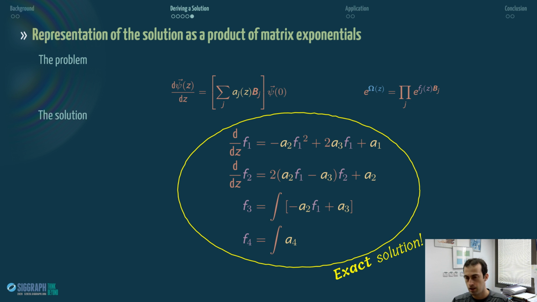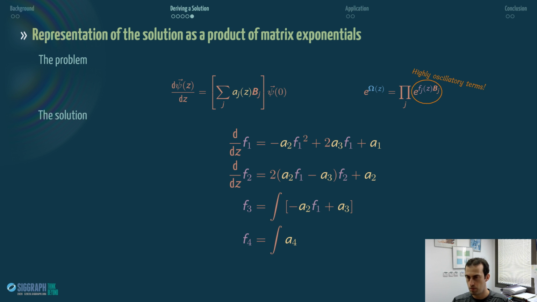Why? Because the functions f are complex valued in general, therefore, in our representation of the solution as a product of matrix exponentials, we end up taking the exponent of complex values. And this is truly where, so to speak, the magic is.